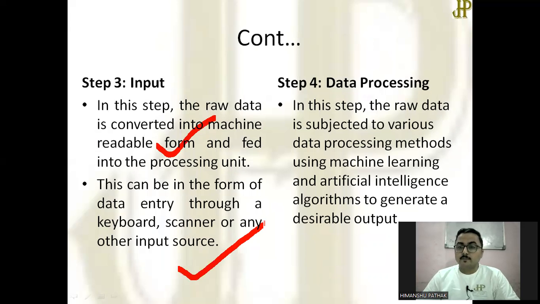The next one is data processing. Here, the raw data is subjected to various data processing methods, and those methods can be machine learning methods, or any algorithm or any AI-related method, so that we get a desirable output.